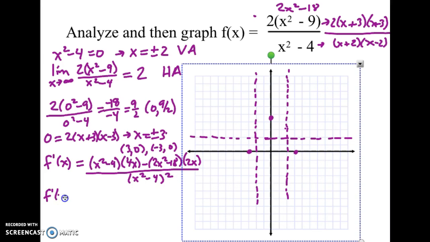So simplifying the numerator, four x to the third minus 16x, minus, distributing that 2x in, 4x to the third minus 36x.